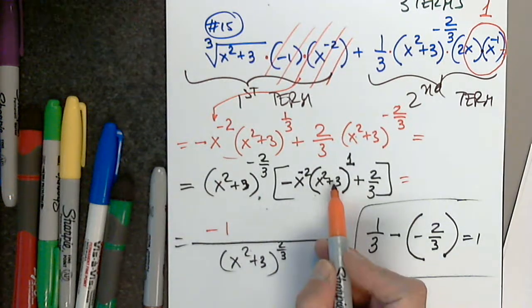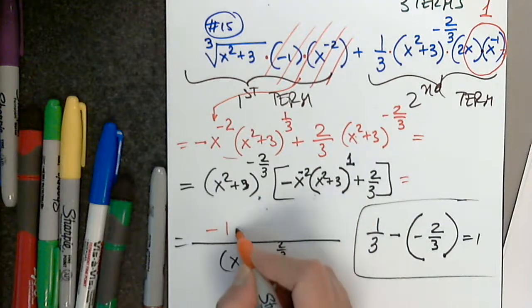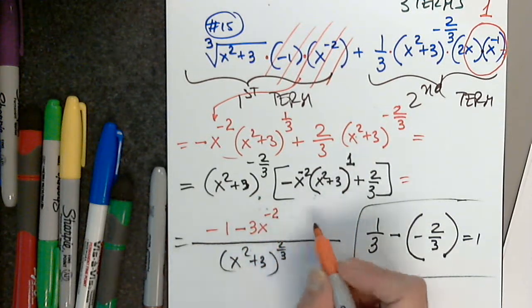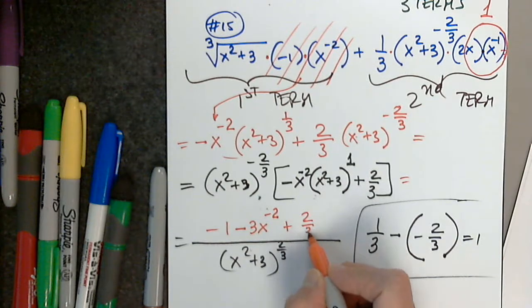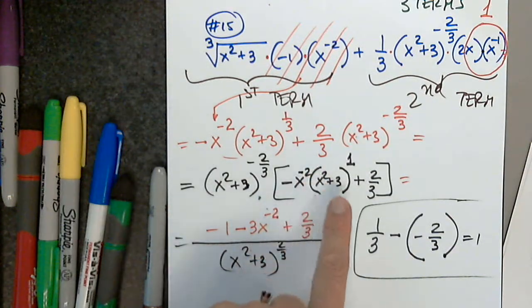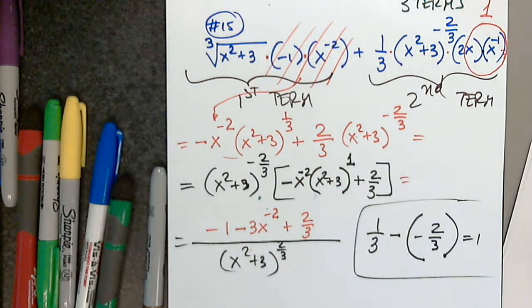Okay. Now I have to distribute it to 3. So it's minus 3x to negative 2 and plus 2/3. I distributed negative x to negative 2 to both terms and then plus 2/3.